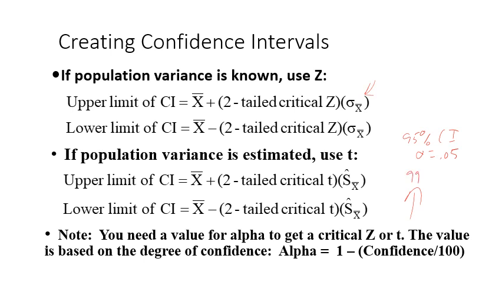If we have a 99% confidence interval, our alpha is equal to 0.01. If we have finally a 90% confidence interval, our alpha is equal to 0.10.